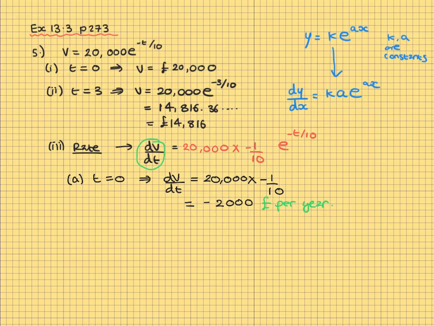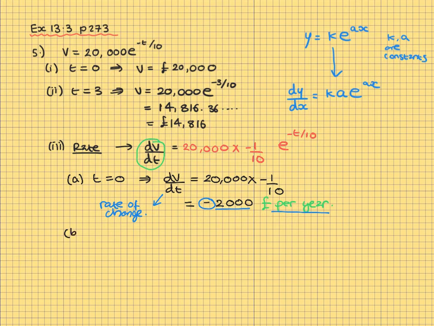So what this means is that the value of the car is changing by £2,000 per year, and because there's a negative sign, this tells us that's a decrease in price of £2,000 every year. If your rate of change is negative, it tells you that the value is decreasing. How much is it decreasing by? It's decreasing by £2,000 per year.